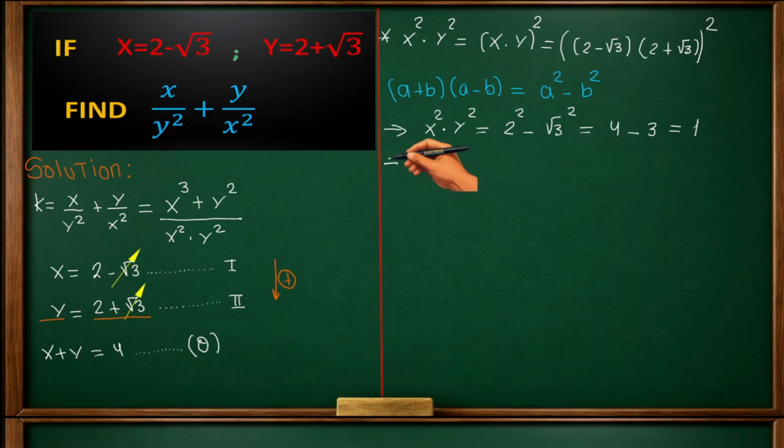Then x squared times y squared equals 1, then x times y equals 1.